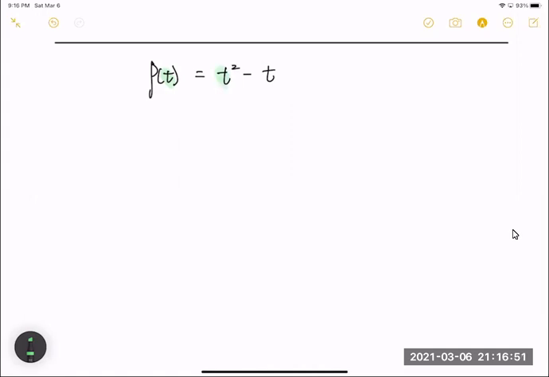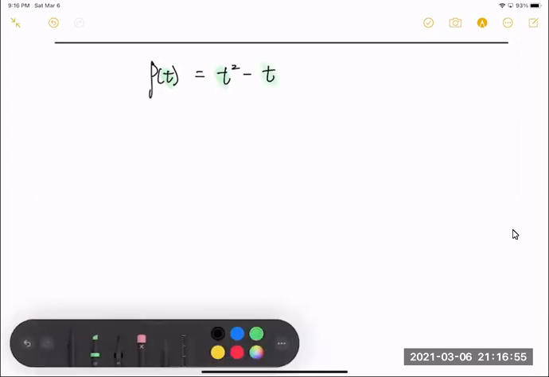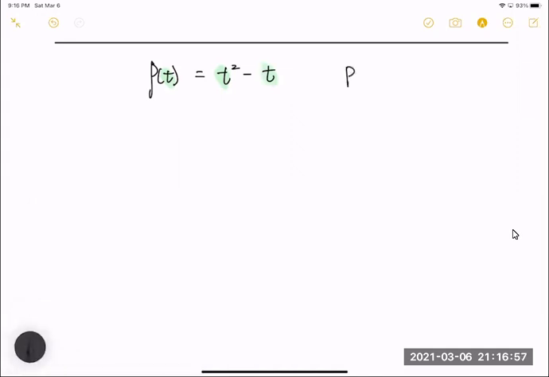So we have a 2t here. That means we want to replace this t if we need to replace anything. So p of a equals what? I replace all the t with a. Now we simplify. p of a equals a squared minus a.